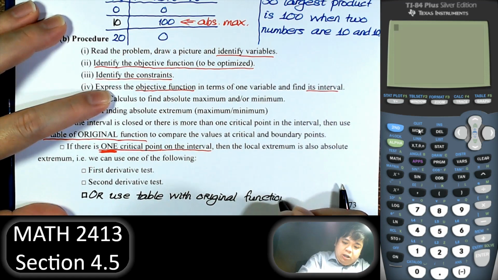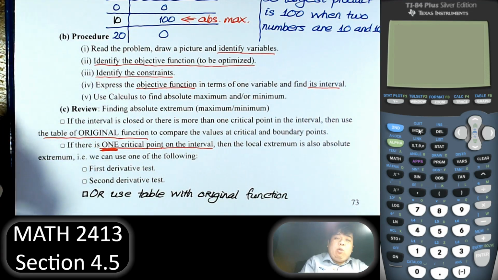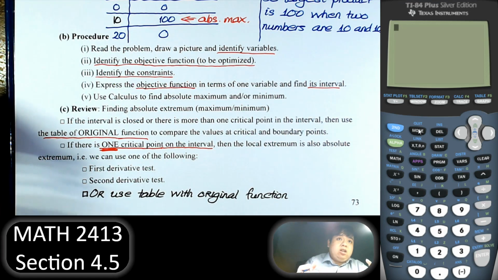Certainly the table will work regardless of whether we have one critical point, whether we have the closed interval or not.